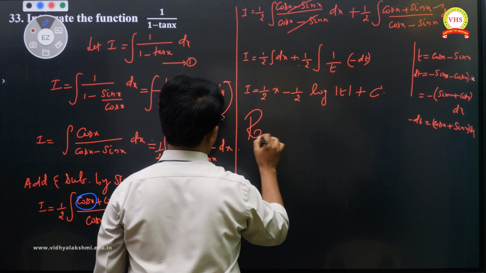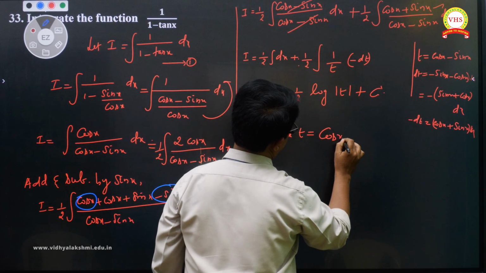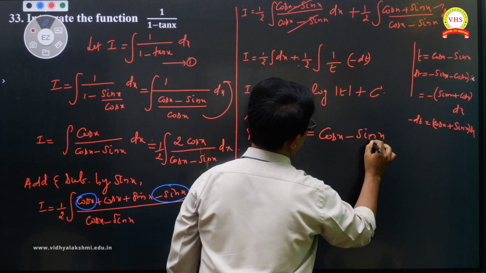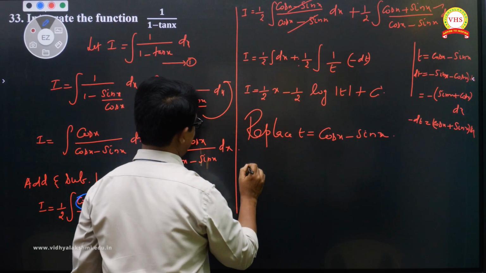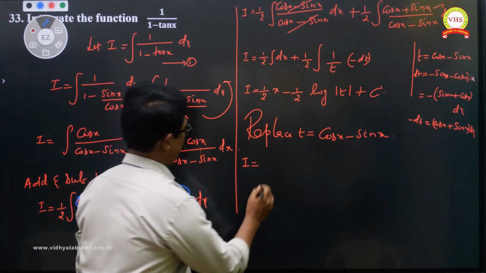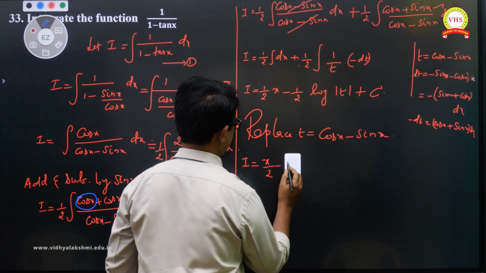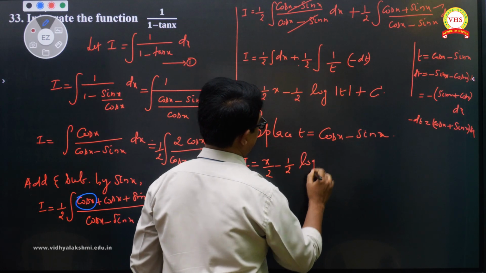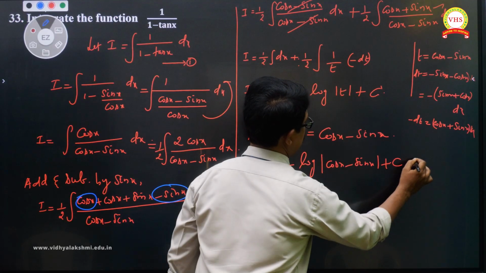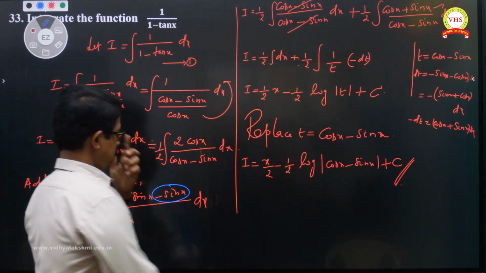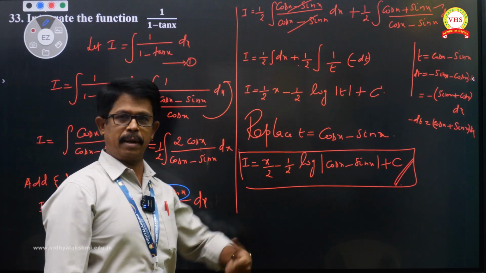Then replace t with what we have taken, cos x minus sin x. So the integration becomes x by 2 minus 1 by 2 into log of cos x minus sin x plus c. This is the solution for the given integration 1 by 1 minus tan x.